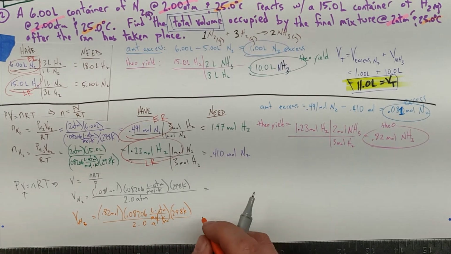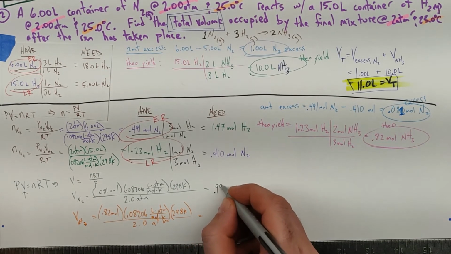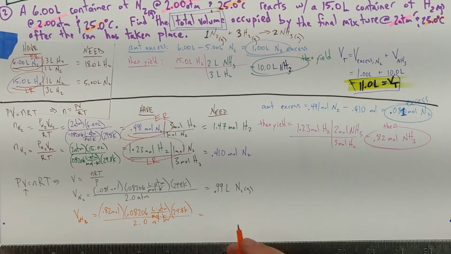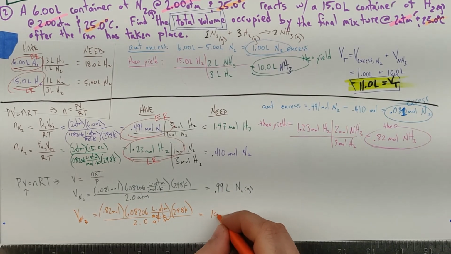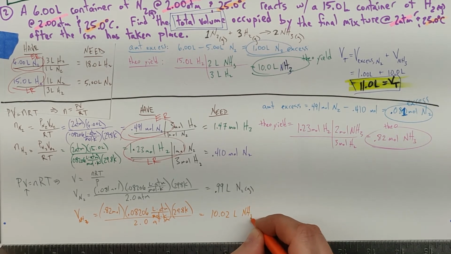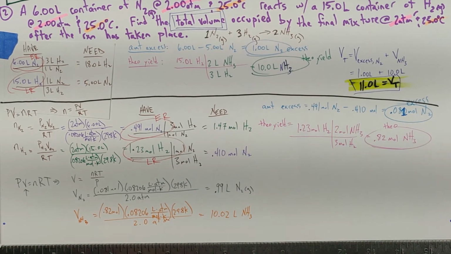Sorry, I was looking at the camera. All right, so we know for the nitrogen it's 0.99 liters of nitrogen gas, 10.02 liters of ammonia. And we can get this total volume by adding those up like we did there.